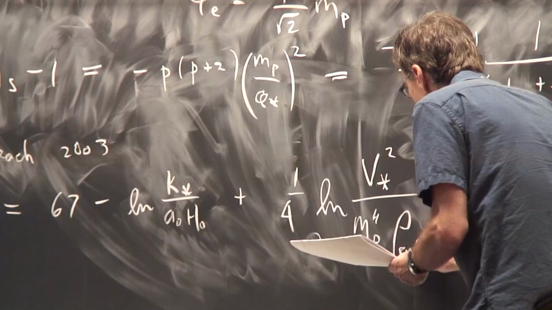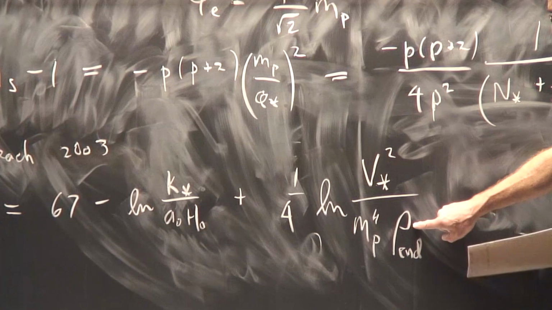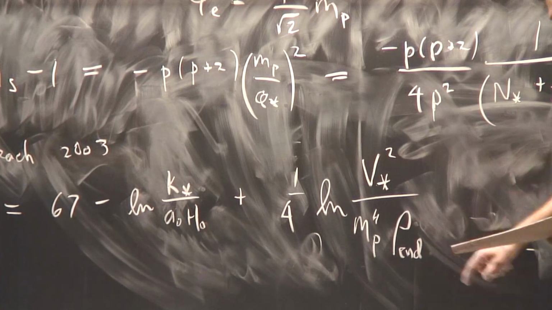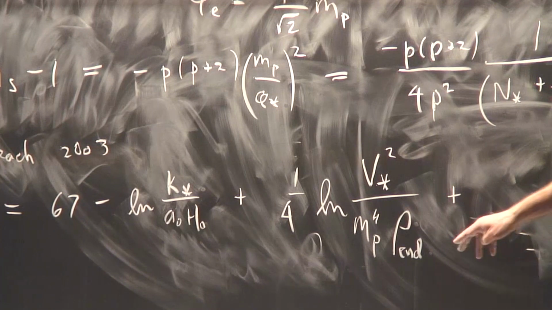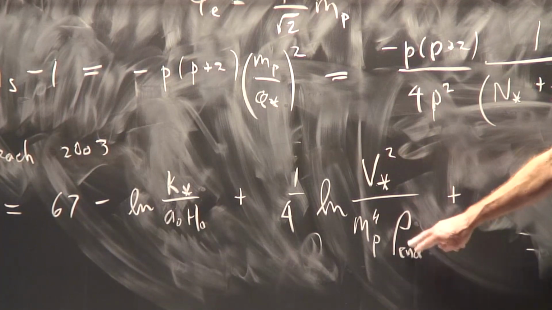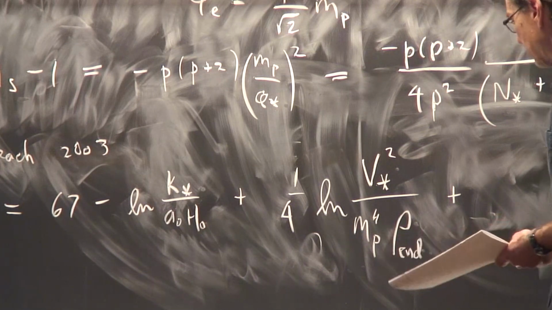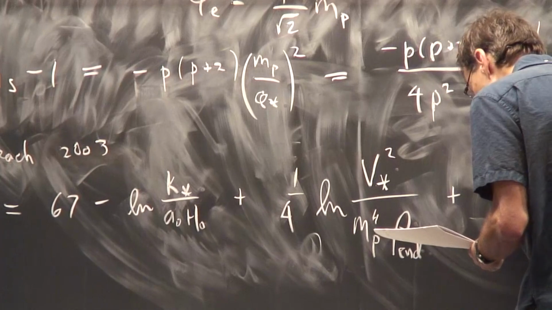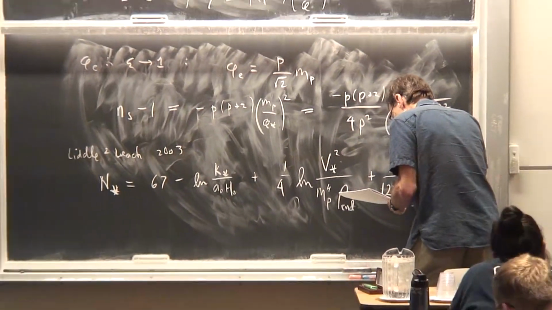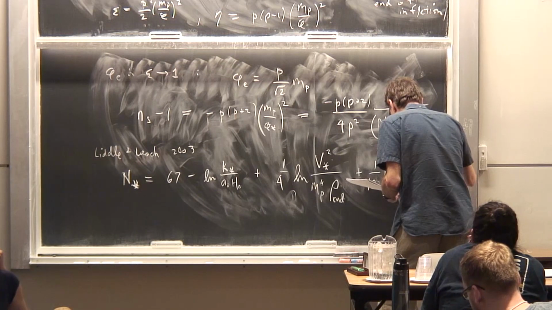And then we need to know what was the energy density of inflation when it ended. So in my instantaneous approximation, these would be the same. Rho end would be equal to V star. And then there's one other small correction that depends on the reheat temperature.